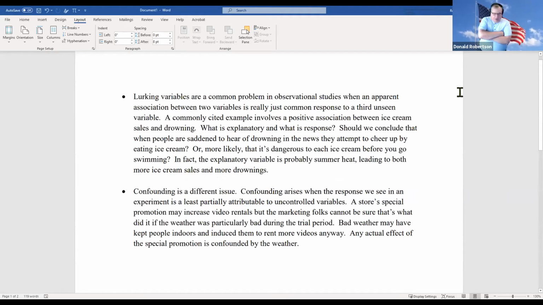Lurking variables are common problems in observational studies when an apparent association between two variables is really just common responses to a third unseen variable. Commonly cited examples involve a positive association, for instance, between ice cream and drowning. The more ice cream that is being consumed in a month, the more people are drowning that month. It's a positive association.